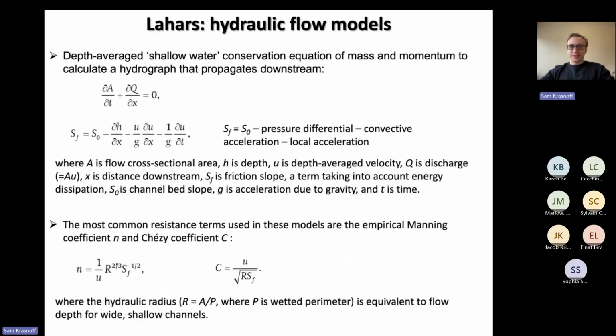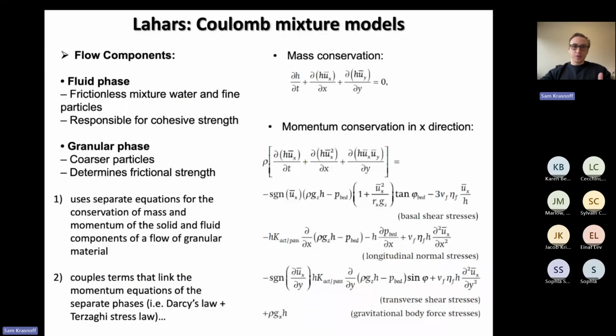Same idea. We'll continue through these fairly quickly, but these are the rheological models. This is focusing on the hydraulic flow. Do we want to treat it as a conservation shallow water equation, or do we want to use some type of Coulomb mixture model?